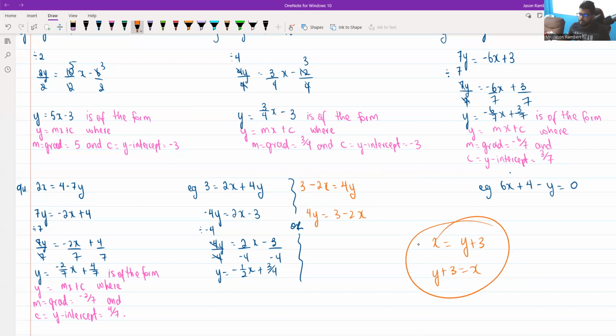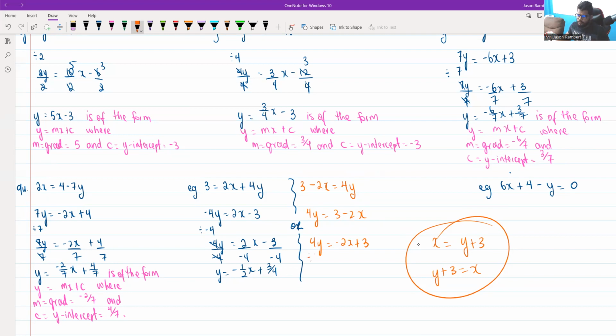It's the same thing. If I want, I could send the 3 to the other side here. The 3 here jumping the equal sign. The 3 not jumping the equal sign. 4y is minus 2x plus 3. Yeah? Only when that 3 jumps the equal sign, the sign in front of it will change.